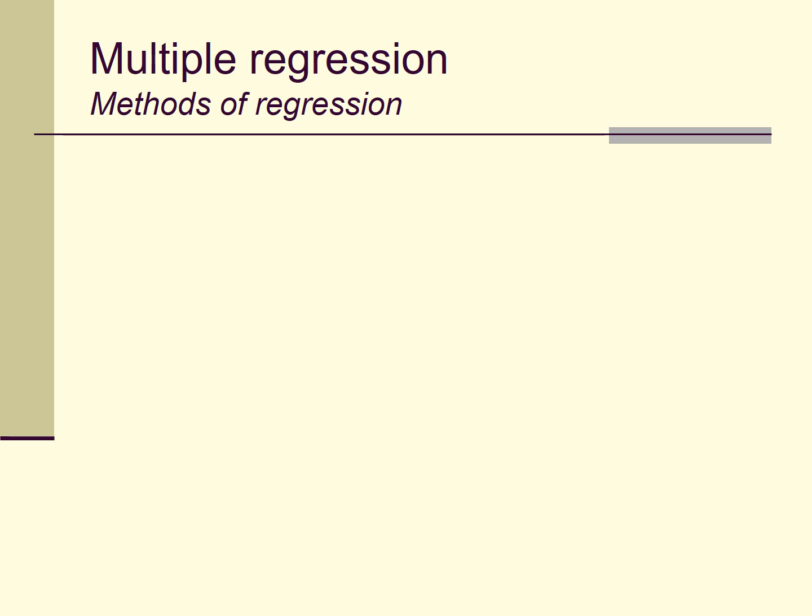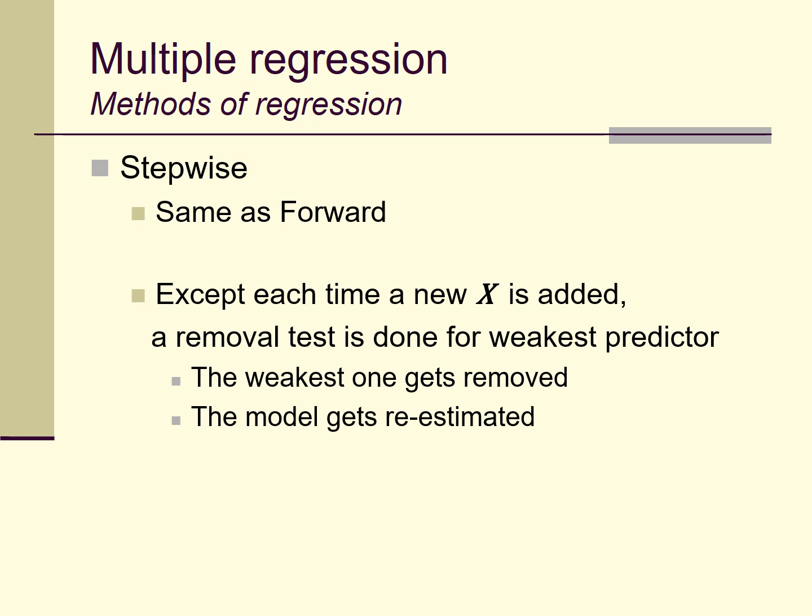SPSS also offers another option called stepwise. Stepwise is basically the same as forward, except it's got kind of a tweak or a twist. Every time a new predictor variable is added to the developing augmented model, SPSS runs a removal test and potentially drops the weakest predictor. I don't know exactly what the criteria are for that test.